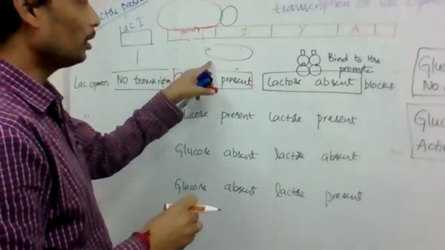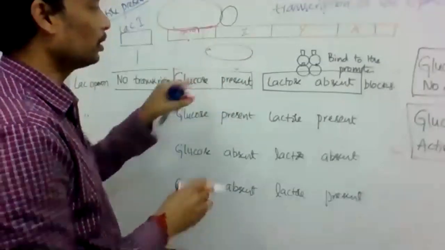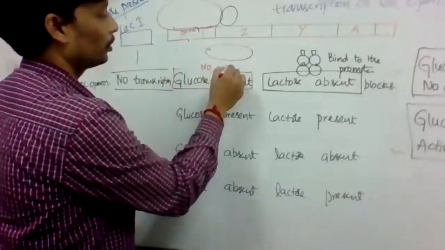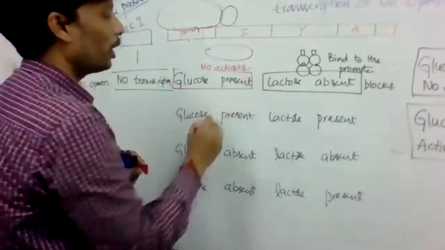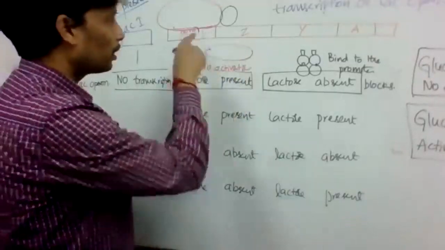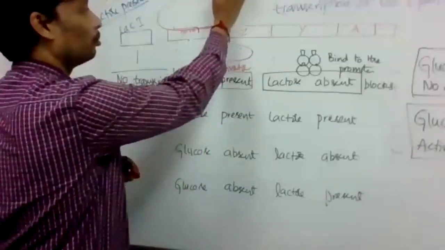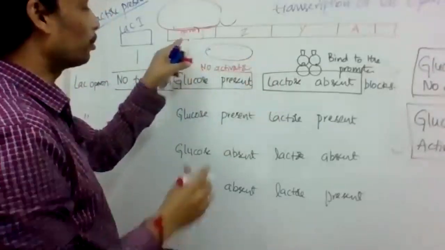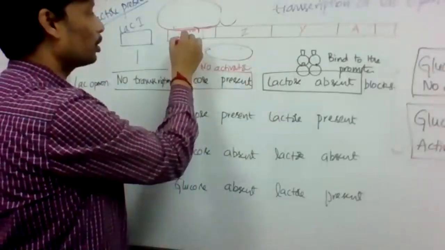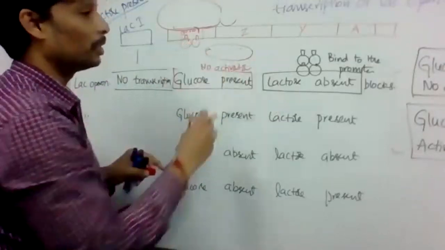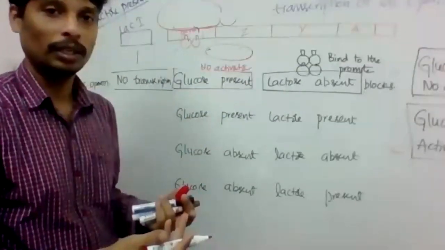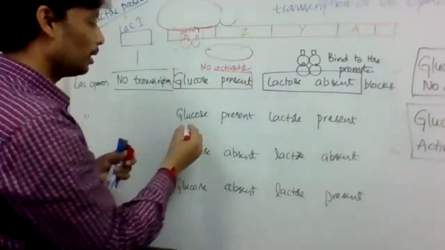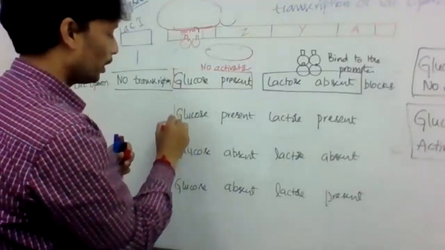But in understanding, when the glucose is present, there is no activator, and the promoter region is also blocked. Lactose is absent, so the operator region is fully blocked. At the same time, RNA polymerase also cannot bind to the promoter because there is no supporting molecule.